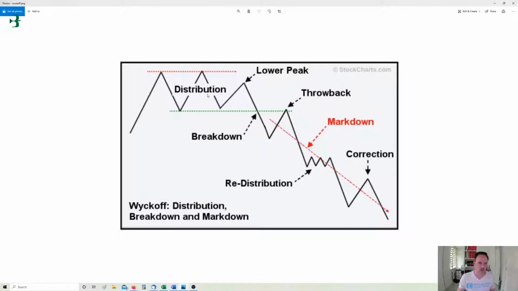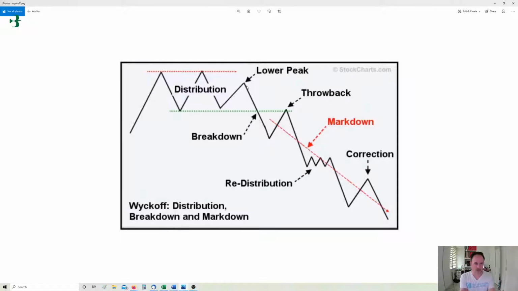Then we've seen the distribution phase, which was basically the peaks at above 50 and 64k. There were 3 peaks, and the last one was actually 60. The highest one was 64k. After that, we saw a bit of a lower peak. I will take you to the chart later on.